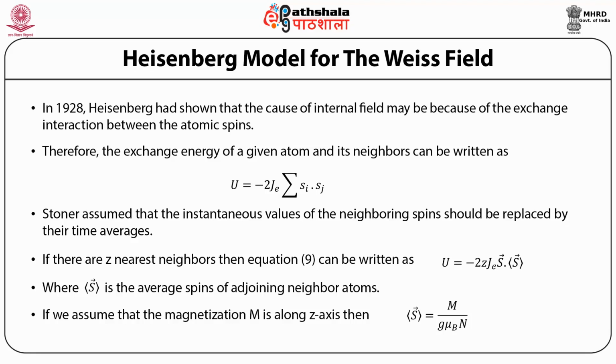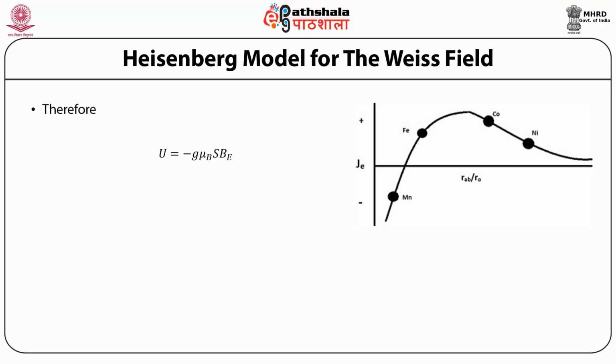If we assume that the magnetization M is along the z-axis, then this average spin comes out to be M over g mu_B N. Putting in this value, U comes out to be minus g mu_B S into B_E, where B_E is equal to 2 z J_e M over N g squared mu_B squared.